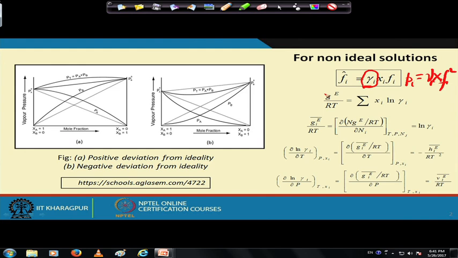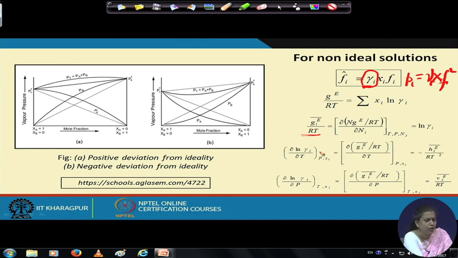In the last class we made those particular derivations, and we found out that ln of gamma i is nothing but equal to the partial molar excess Gibbs free energy of component i in solution, right.